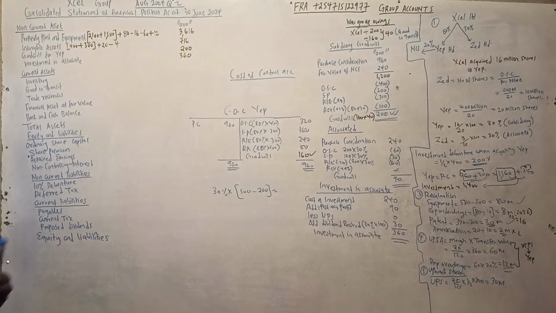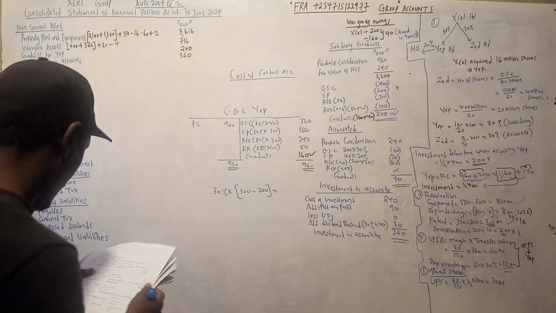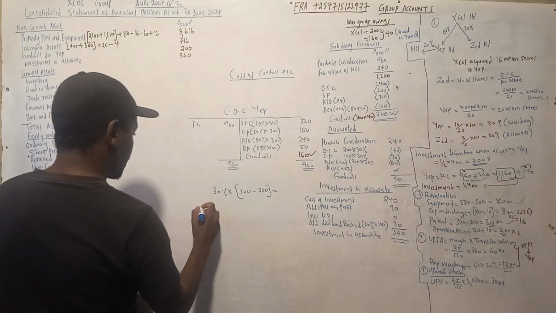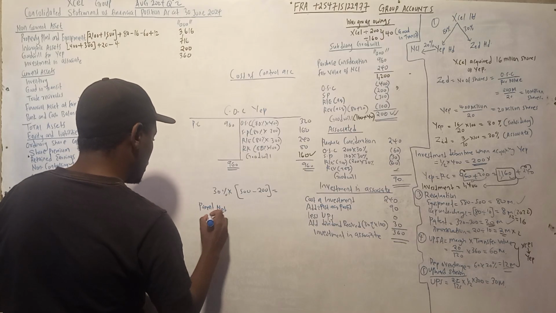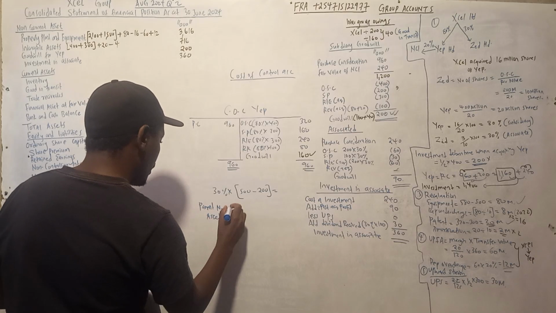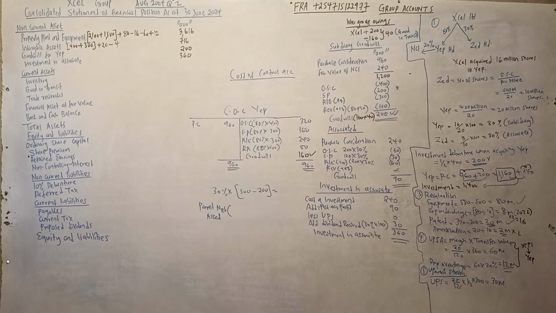You can also use the other method of the net asset. I don't know if it will be accepted, but let us try the net asset. We say the parent net asset. How much will be the parent net asset? It will be 30% of the total assets.